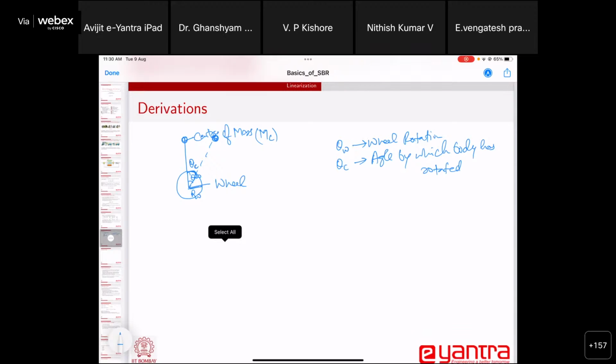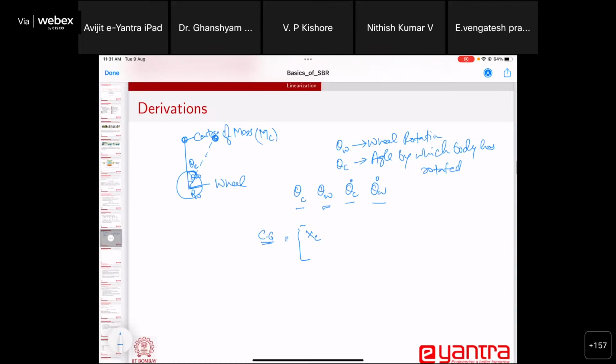So what are my states? My states are theta C, theta W, theta C dot, and theta W dot. That is the angle of the body, the angle made by the wheel, the angular velocity of the body, and the angular velocity of the wheel.